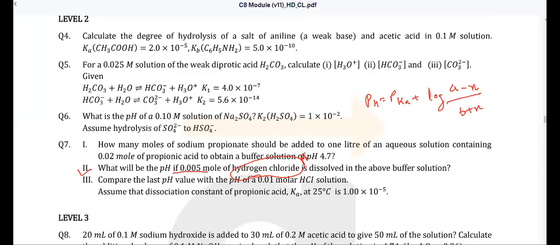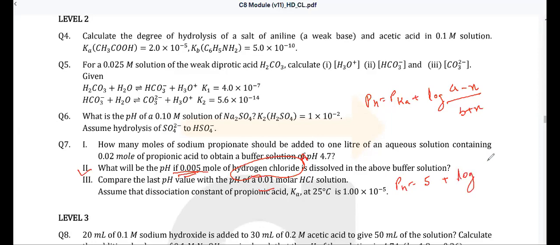Anyone have any issue on this? So what is X? X is 0.01. No, sorry, 0.005. So pH is equal to pK, which is 5, plus log A. What was A?